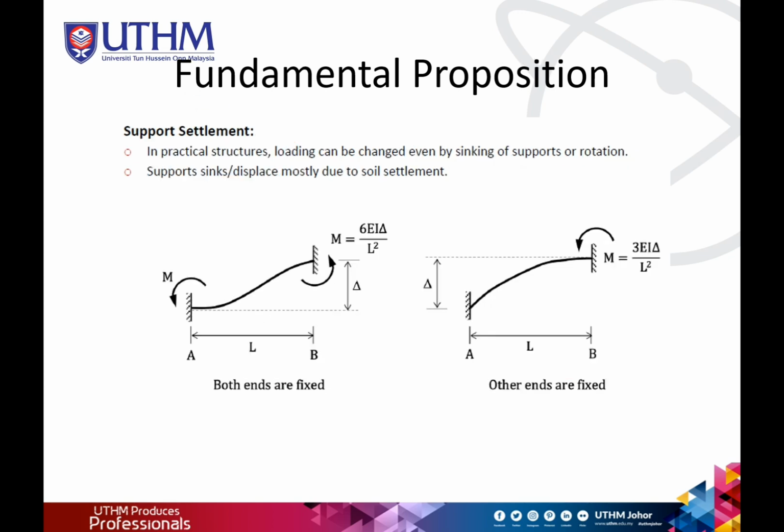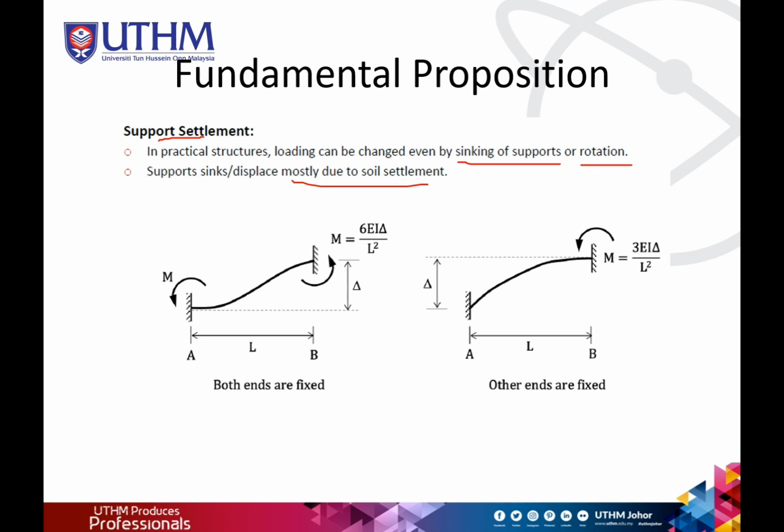Sometimes the questions will have support settlement. Support settlement means that in real conditions, the loading can cause sinking of the supports or sometimes rotation, mostly due to soil settlement.